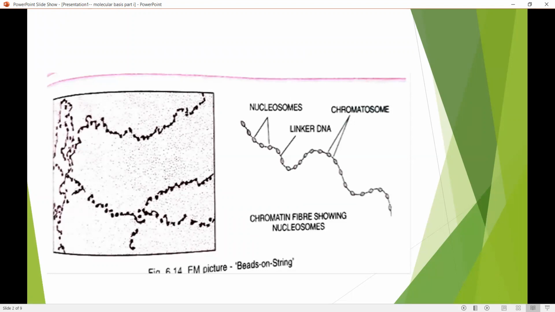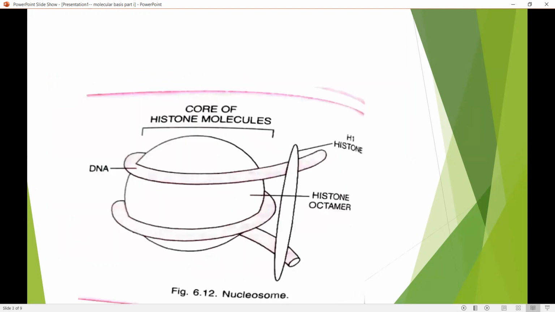So nucleosomes are present in chromatin reticulum or chromatin fiber, and in the next slide you see the structure of nucleosome. DNA is wrapped around a histone core. This is the histone octamer, and the strands of DNA are linked to one another by H1 histone protein.